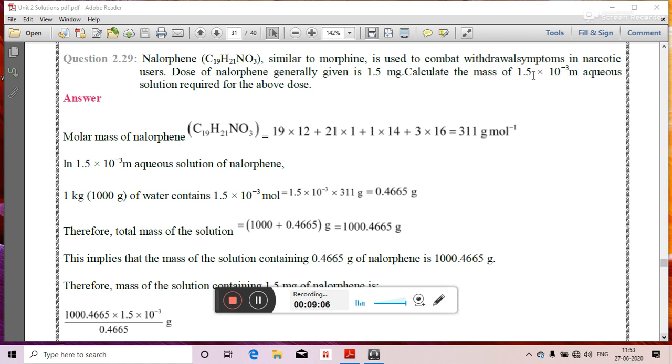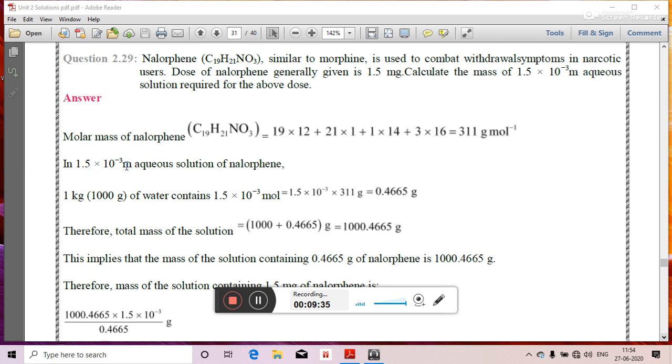Calculate the mass of 1.5 into 10 raised to minus 3 molal aqueous solution required for the above dose. Now the molar mass of nalorphine is 311 gram per mole. In the question it is given that there is a 1.5 into 10 raised to minus 3 molal aqueous solution of nalorphine.